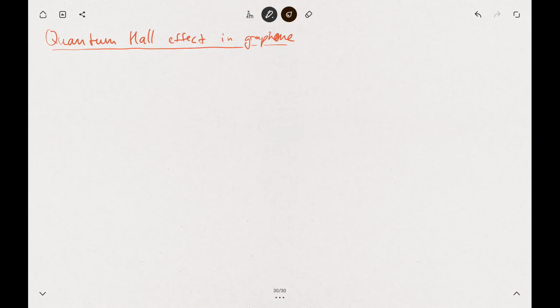The quantum Hall effect in graphene is quite different from that in a two-dimensional electron gas, and it's quite an interesting example to consider because the electron spectrum of graphene resembles that of relativistic particles, right?